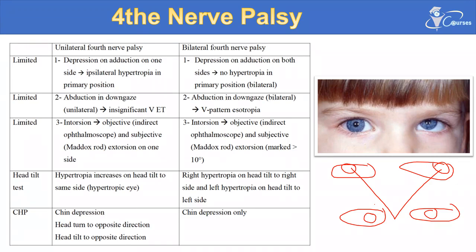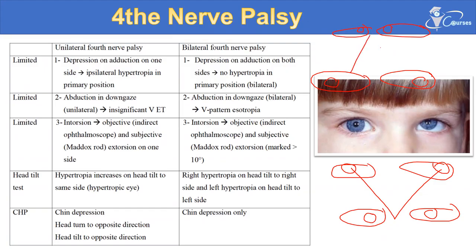So this is the pattern for fourth nerve palsy. It will cause V pattern, but the reverse occurs with superior oblique overaction, which will cause an A pattern. This is the A pattern. In the A pattern, the eyes look more esotropic in up gaze and more exotropic in down gaze.